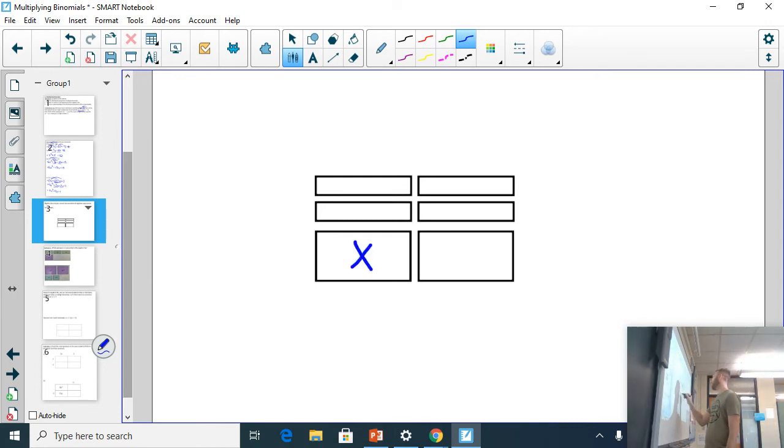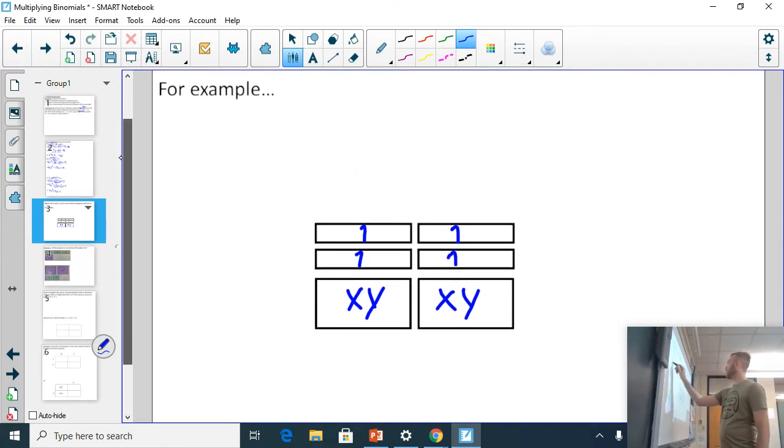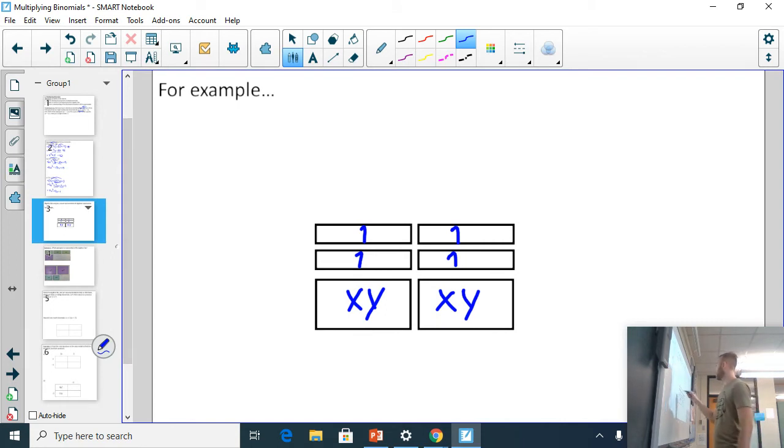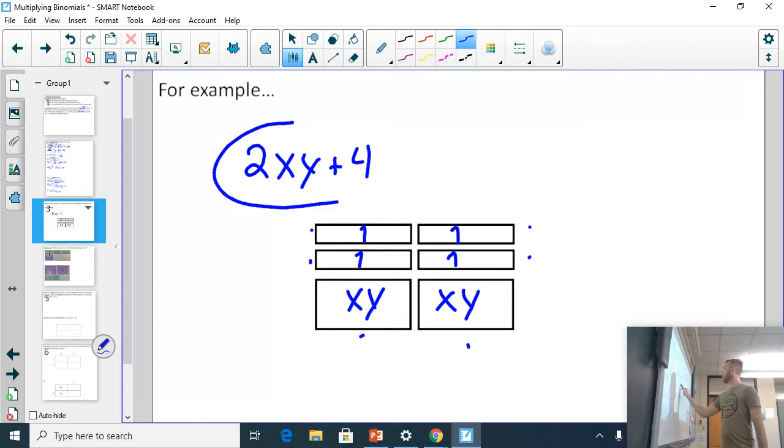If this thing's xy and this thing's xy, and let's just say these are worth 1, then the expression that this represents would be 2xy plus 4, right? We have 2 of these xy's and then we have 4 1's, which is the same thing as 2xy plus 4.